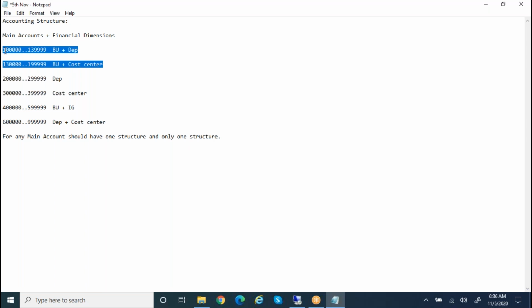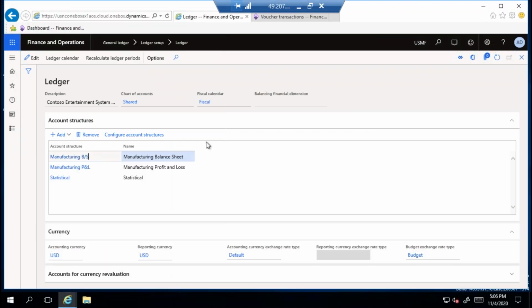The system will not allow it. As I told you, if you compare a human being with ERP, this accounting structure is equal to your brain. The brain is most important for a human being. In the same manner here also, accounting structure is most important.